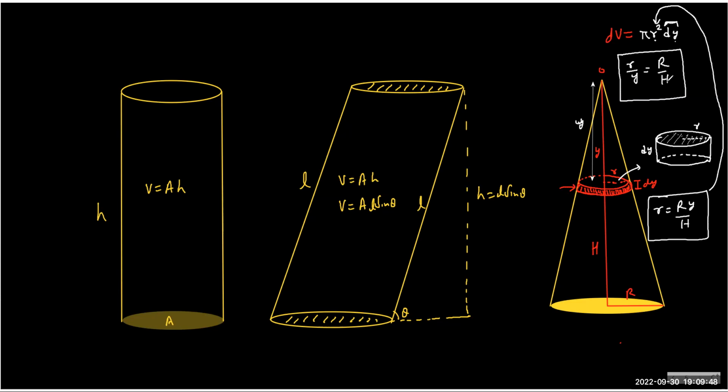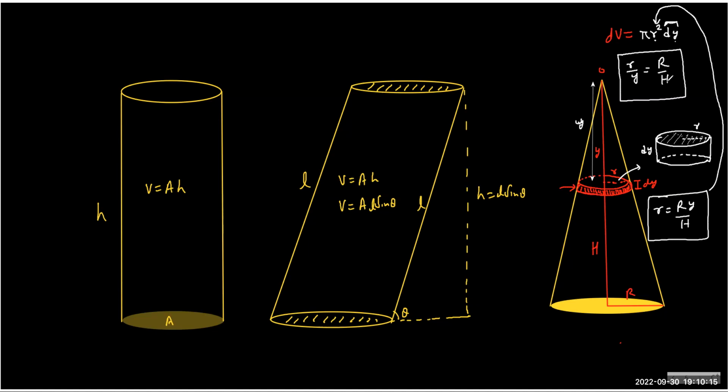See, the whole idea is that variables give you the location of volume, so you have to add all such volumes. You must change the variable to trace through every possible volume in the cone. Therefore y must vary from 0 to capital H, and if you do so, you will get the entire volume.